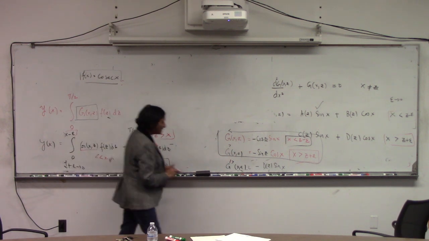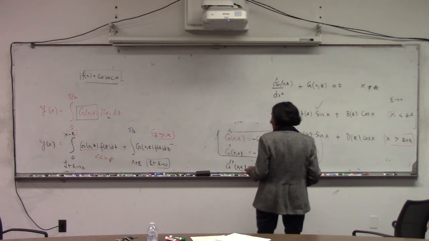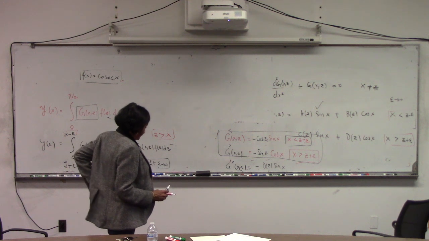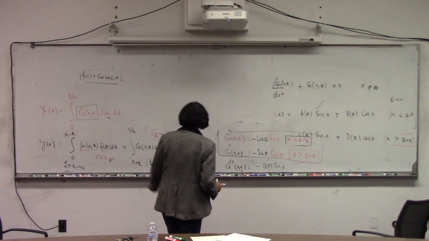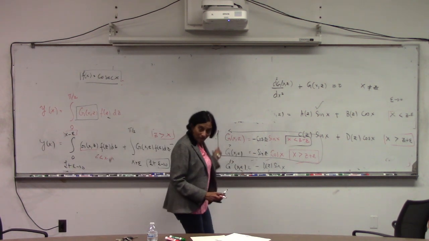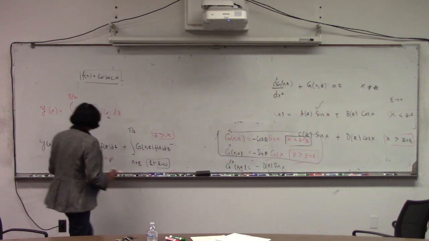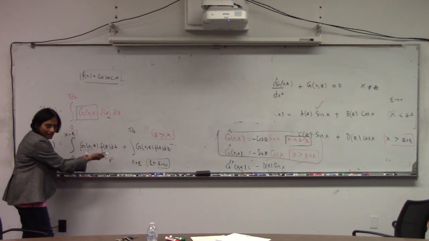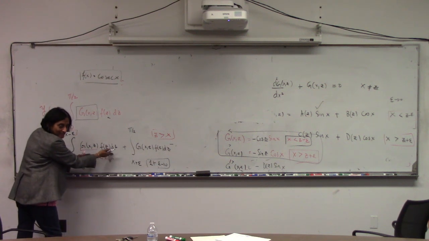So the functional form for z less than x is which one? Here x is greater than z, so it is the second one which has to come in the first. You have to pick up the correct functional form because the variable has changed. The variable here is z.